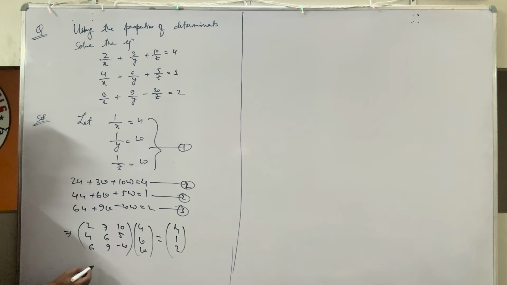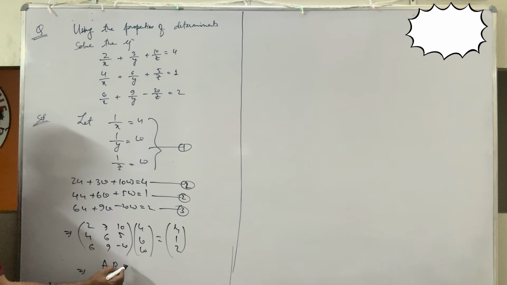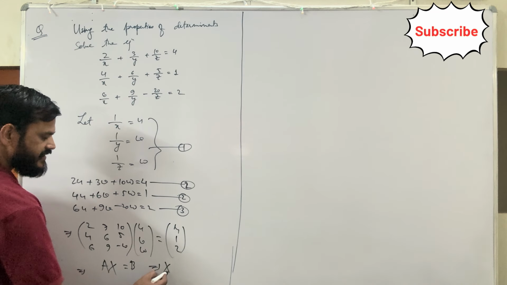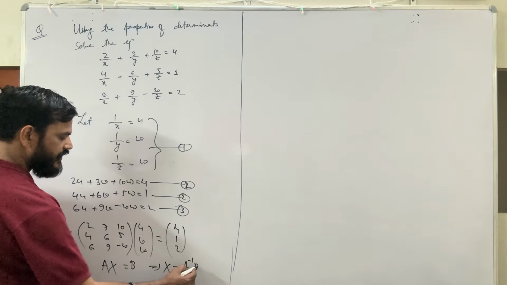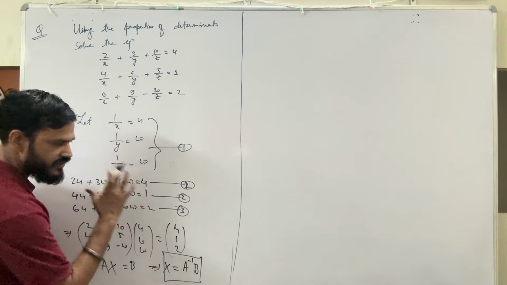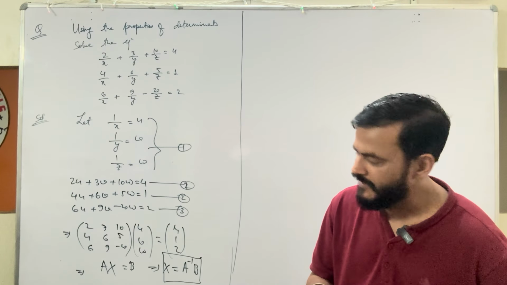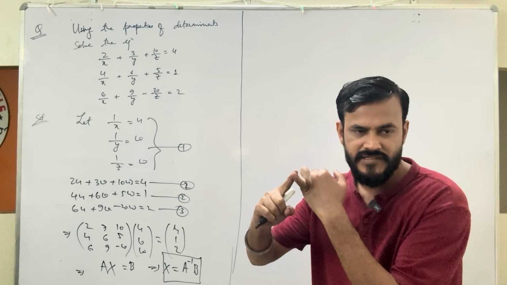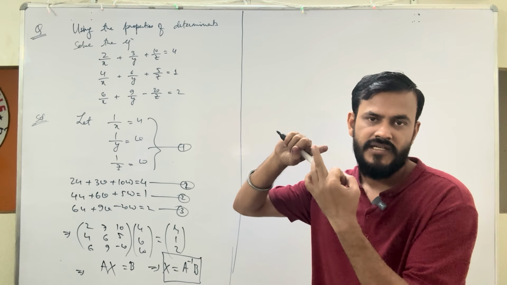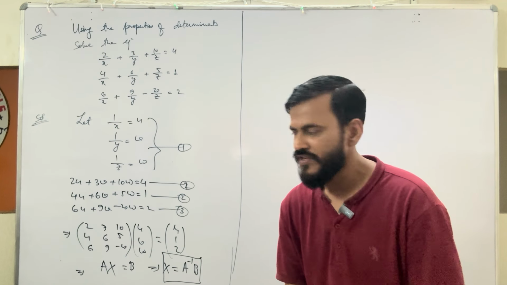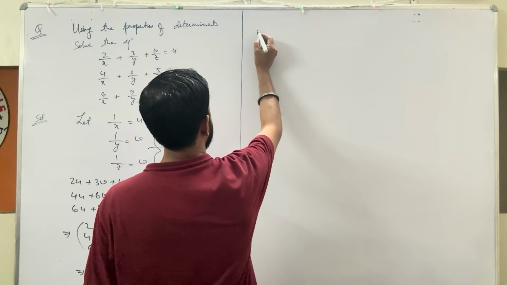Now this can be expressed as A into X is equal to B. So X will be A inverse B. All we need to do for this type of problem is to find A inverse. Now what are the steps to find A inverse? We first have to find minors, then cofactors, then the adjoint, and then the inverse. So let us very quickly find A inverse.